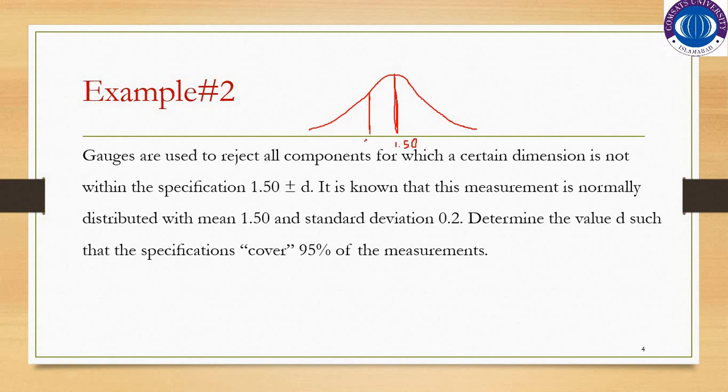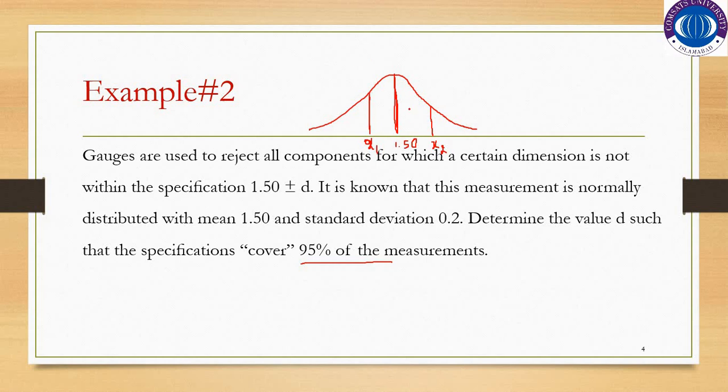Still we are in normal distribution, not in standard normal. If we were in standard normal, then the mean should be 0. And if we add something to the mean, it will be here, and let's say this is x2. I'm naming them x1 and x2. They are saying that the specifications cover 95% of the measurements.